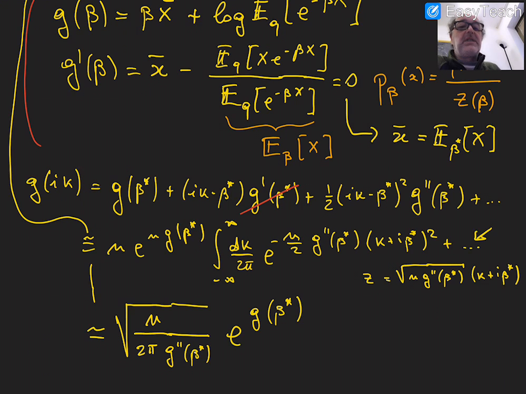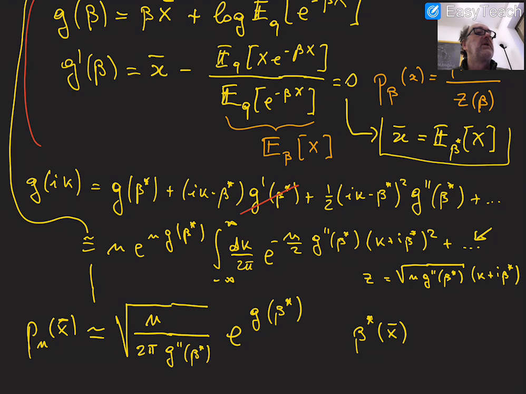Okay, so this is essentially the result. What is the probability of the large deviation? And again, beta star is a function of x bar because of this equation here.